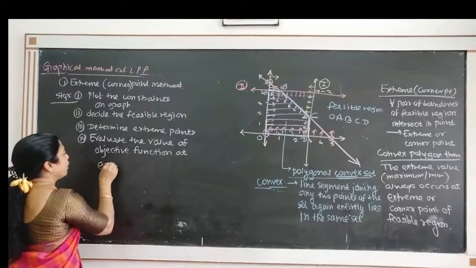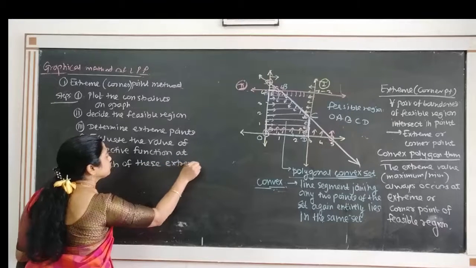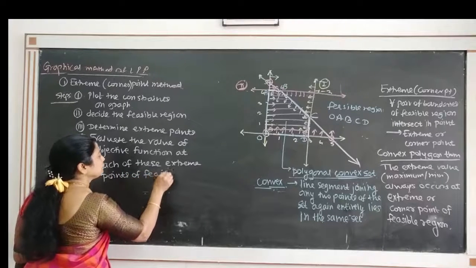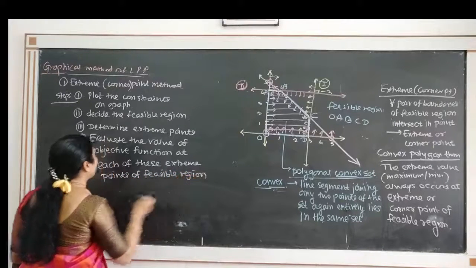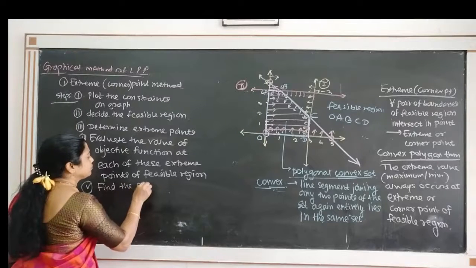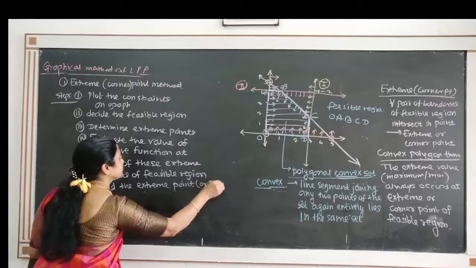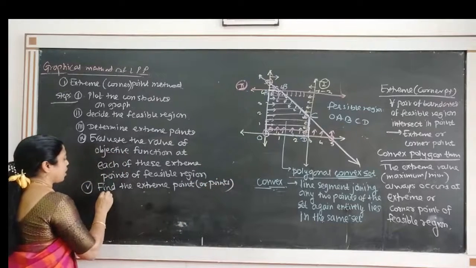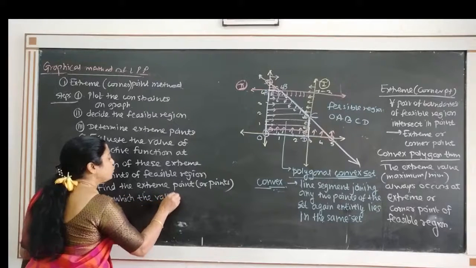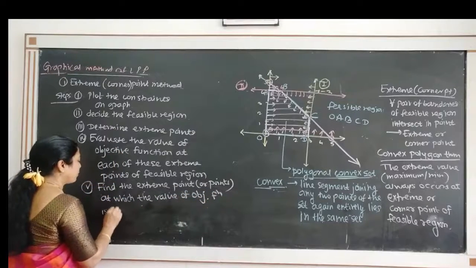at each of these extreme points of the feasible region. And the fifth one is find the extreme point or points at which the value of the objective function is optimum.